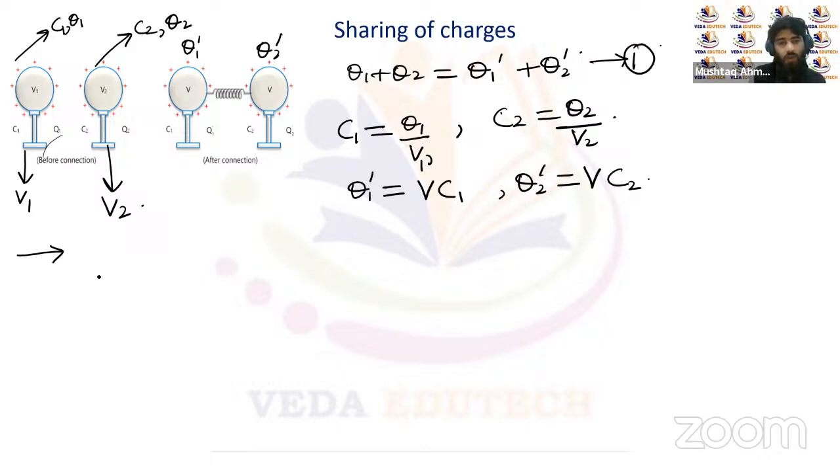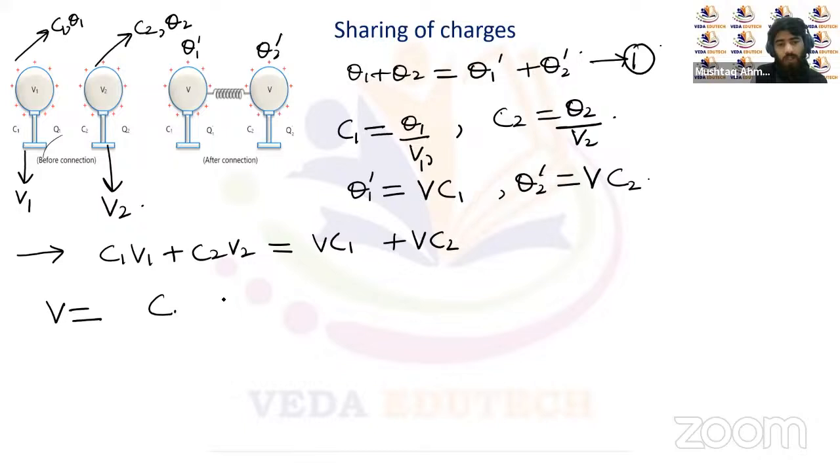Q1 we can write as C1 V1, and Q2 as C2 V2. Q1 dash plus Q2 dash is V times C1 plus V times C2. Taking V as common, the common potential will be C1 V1 plus C2 V2 upon C1 plus C2.